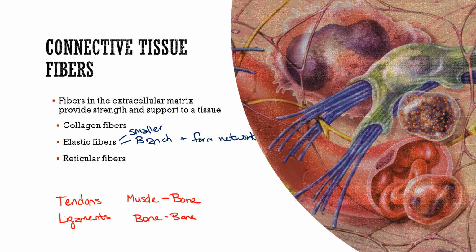Elastic fiber consists of molecules of the protein elastin, and elastin is going to be surrounded by a glycoprotein named fibrillin. And the fibrillin really adds a lot of strength and stability.